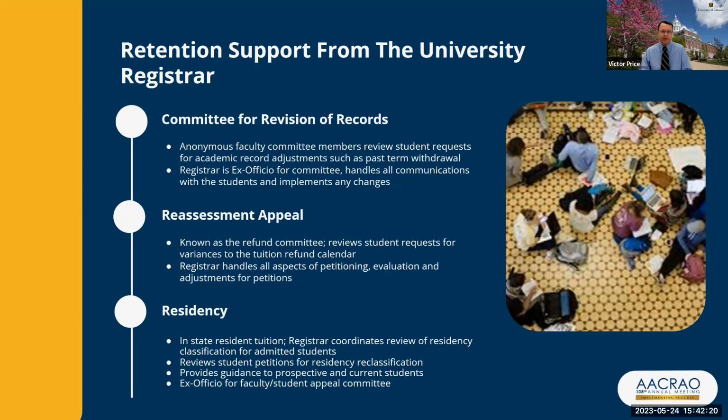So we have a committee. The registrar, again, handles all the aspects or the ex officio aspects of the petition. The evaluation of the petition, the communication, everything is through the registrar's office, and there's a decision made if the student can have a variance off of the assessment and can have credit issued back against their university account.